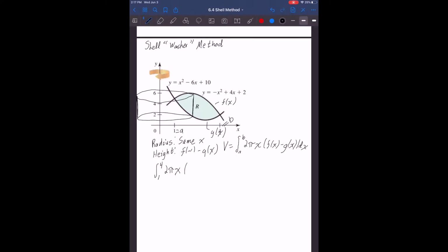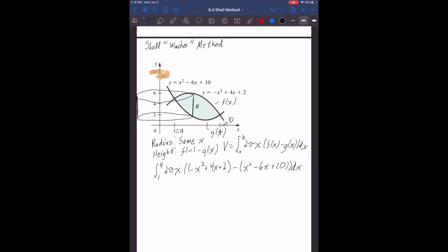That is the bottom function. So the top function is going to be the one with the negative, right? It's a negative quadratic, so it makes sense to be going downwards: negative x squared plus 4x plus 2. And we're going to subtract all of that from our bottom function, which is x squared minus 6x plus 10.